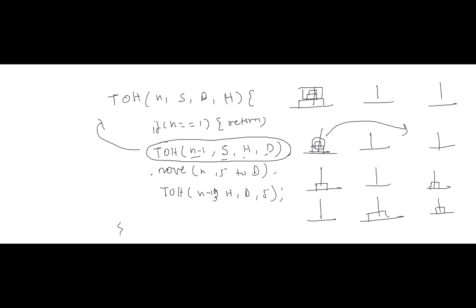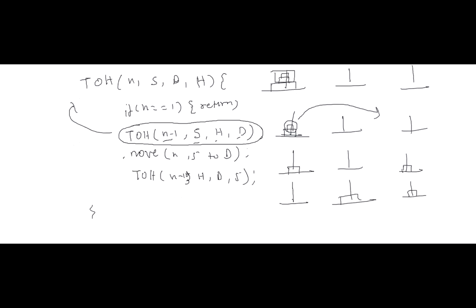Okay, so after this, I simply need to move this one back here, right? And I just need to move this one here, and then I can move this one here. Okay, so I'll solve these only.